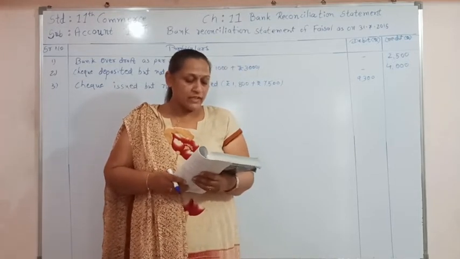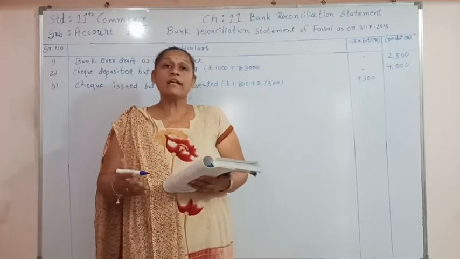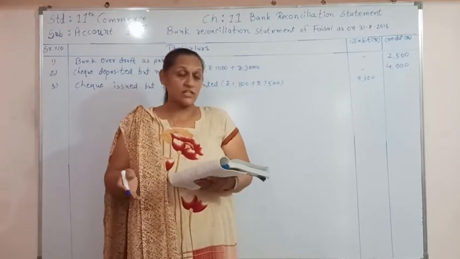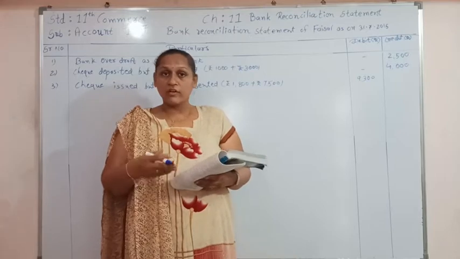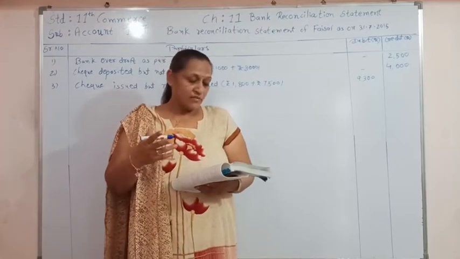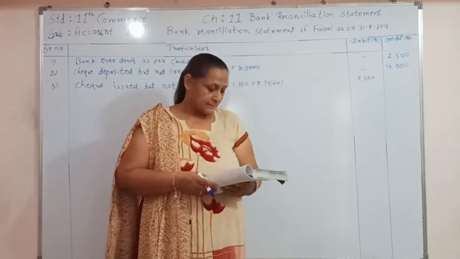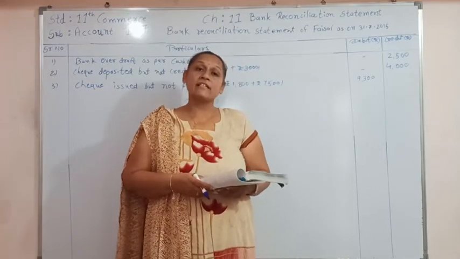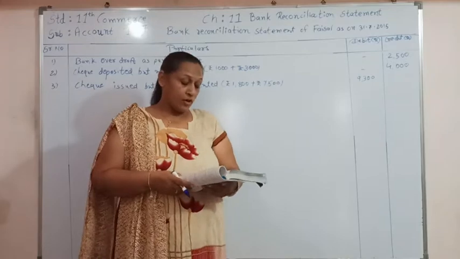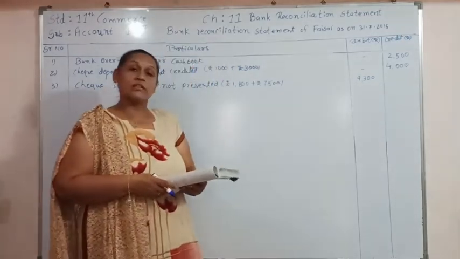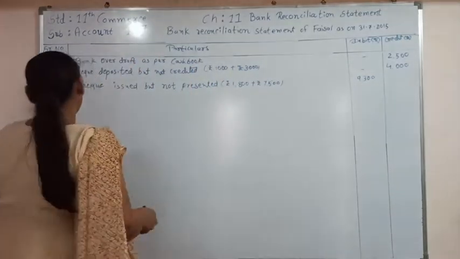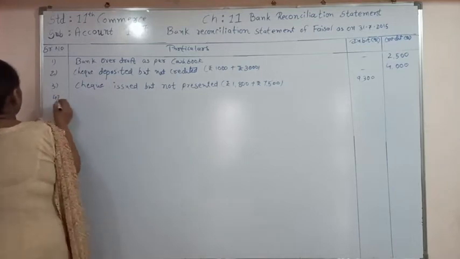So for that, what we need to do is write it again for the rectification and for the first time. So 2 times we have to write on the debit side of the BRS. So here interest credited by bank which is wrongly recorded on the payment side. So that is number 4.